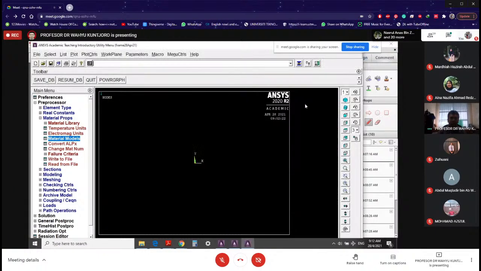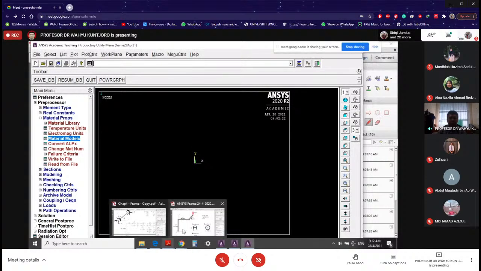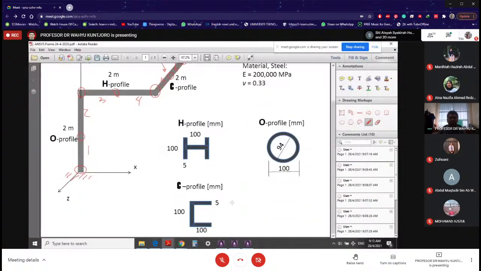Nice. Next, remember that if you look at what we have here, we will have 3 different sections. This is the first section, this is the second section, and that is the third section. So we are going to define 3 different sections of beam.